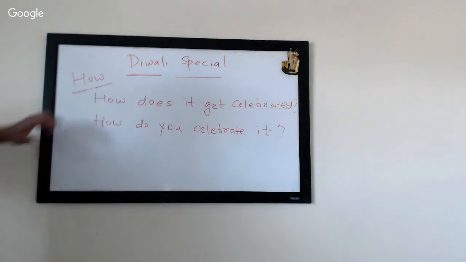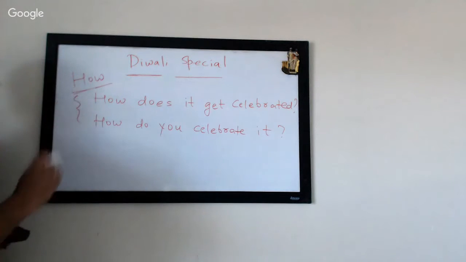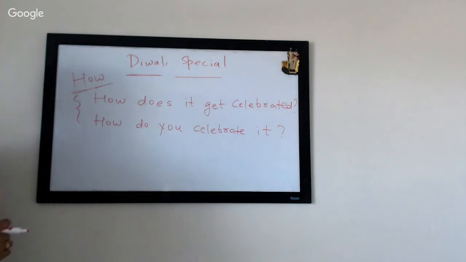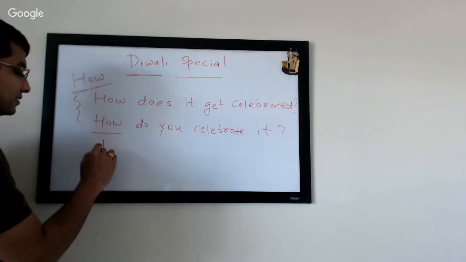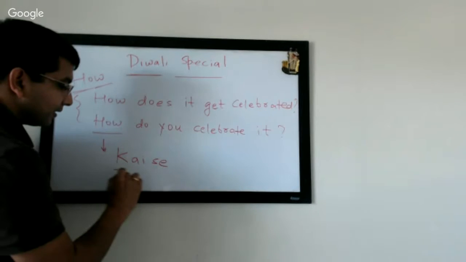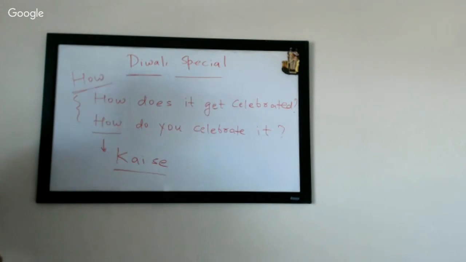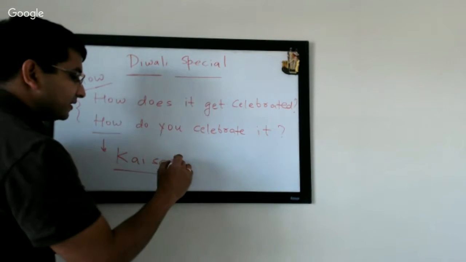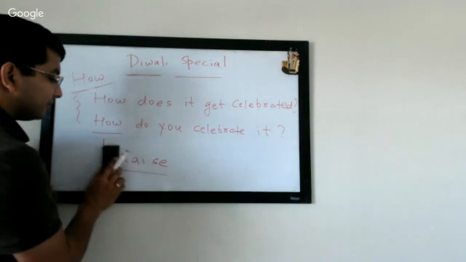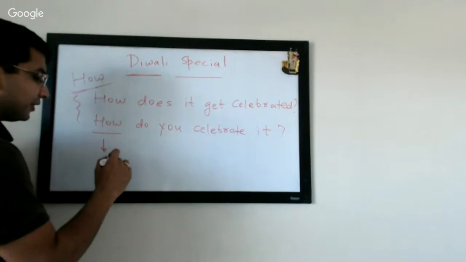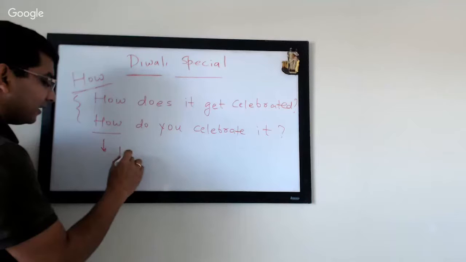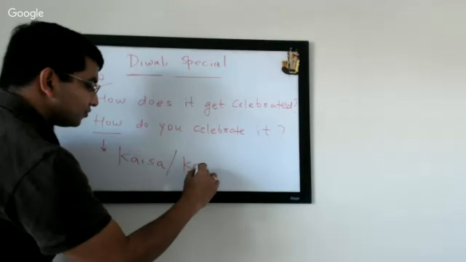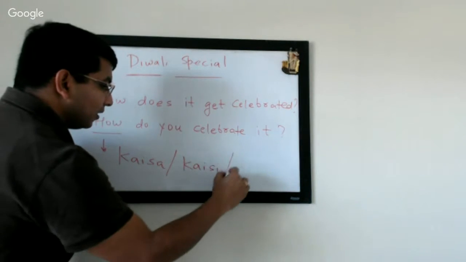If you were to translate these kinds of sentences in Hindi, you'll be using another interrogative, which is कैसे. You can have three different forms: कैसा, कैसी, or कैसे.